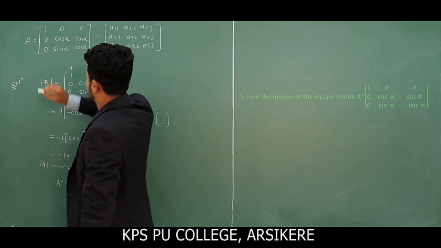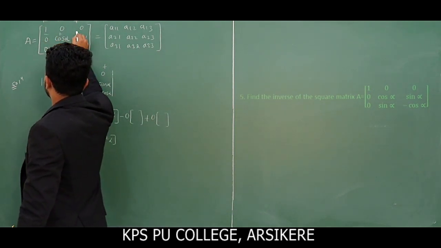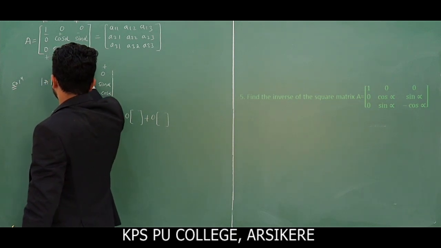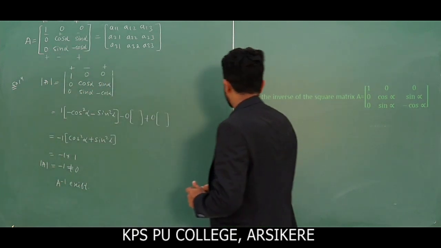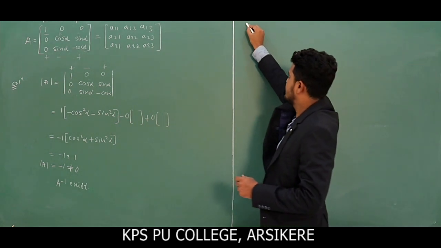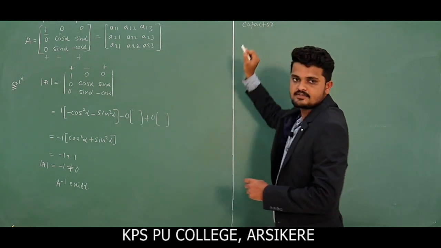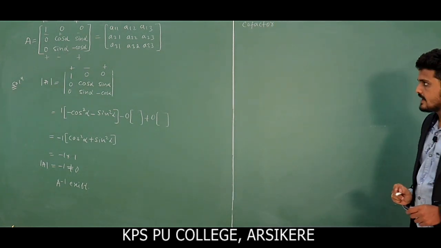The sign pattern is plus minus plus, minus plus minus, plus minus plus. So next we have to find the cofactors.